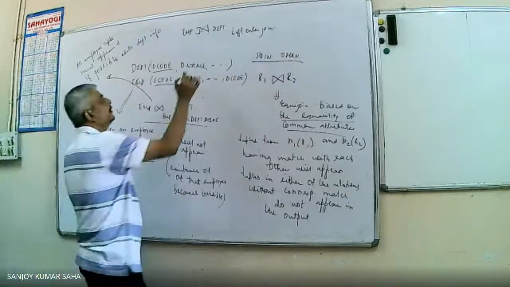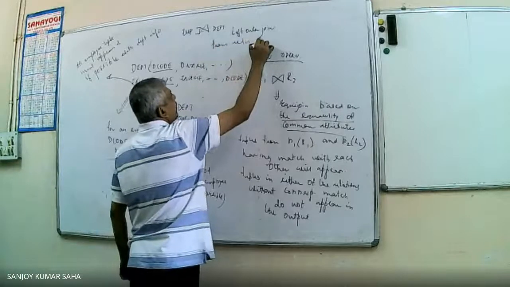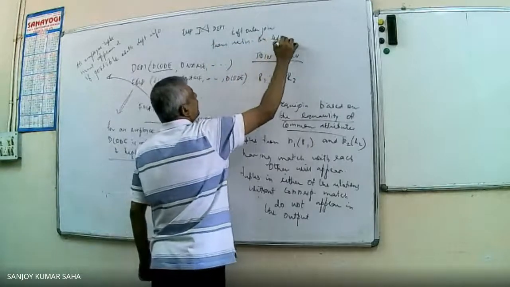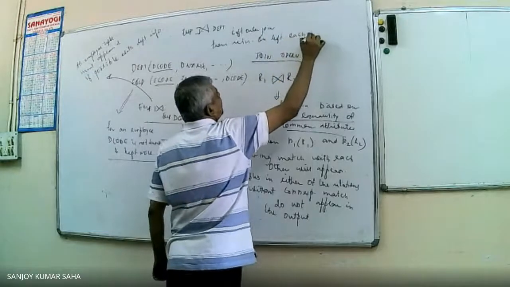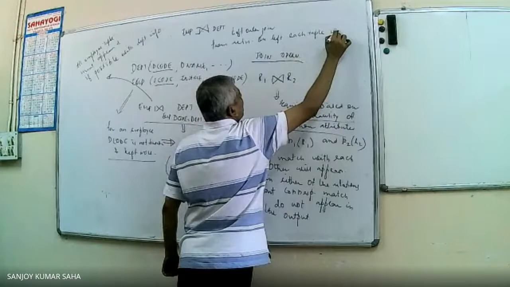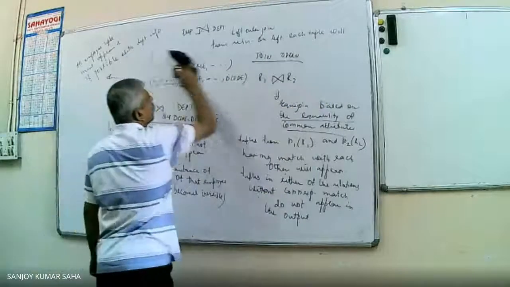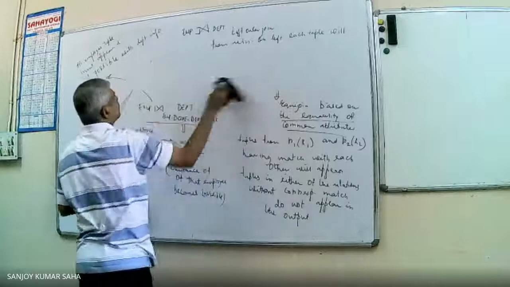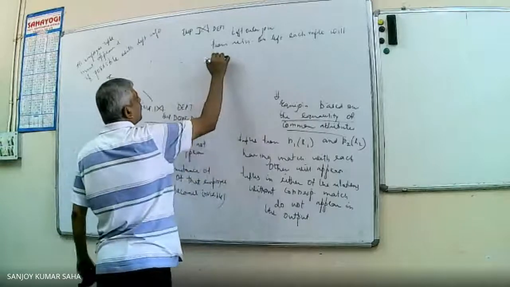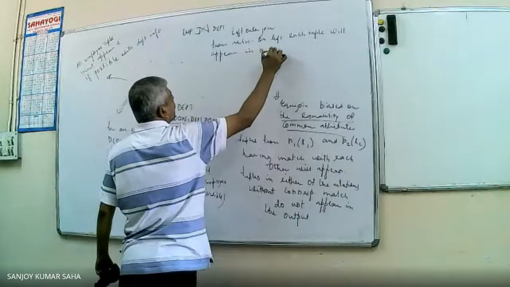That means from the relation on the left, each tuple will appear in the output.